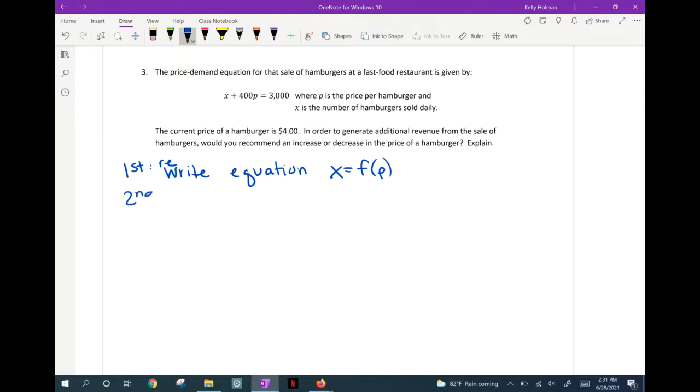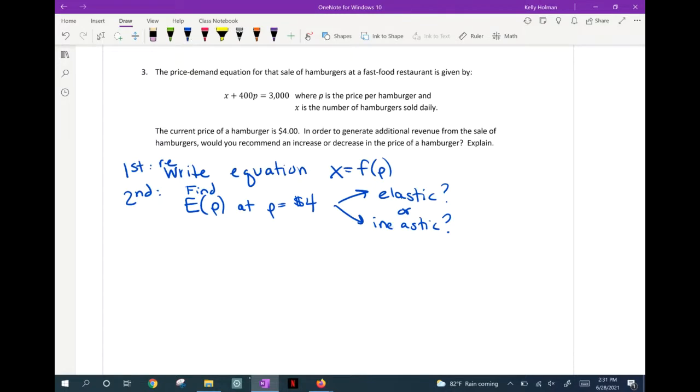Because the second thing we need to do is find the E of P calculation at P being $4. And that'll tell us whether it's elastic or inelastic. And then that'll tell us whether we should raise the price or decrease the price. Okay, so let's go ahead and do all that.